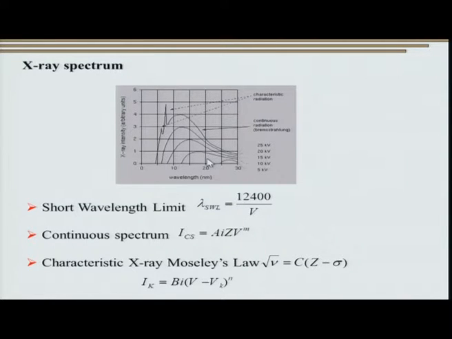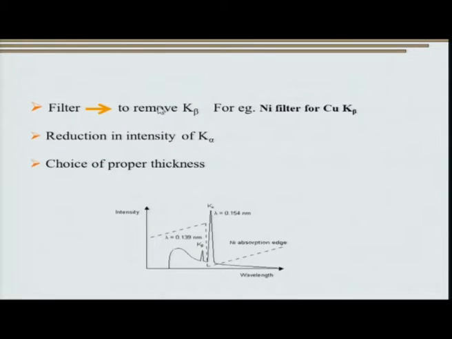The intensity of the continuous spectrum is given by A I Z V to the power m, where m is generally equal to 2, Z is your atomic number, A is a constant and I is the current. So, we see there is a continuous spectrum. However, when the voltage is further increased, we do see characteristic peaks in the spectrum.